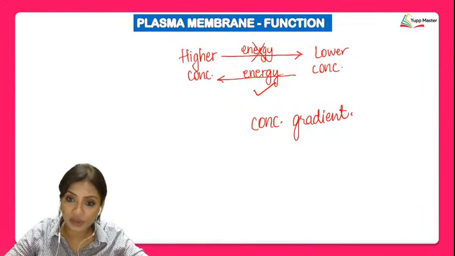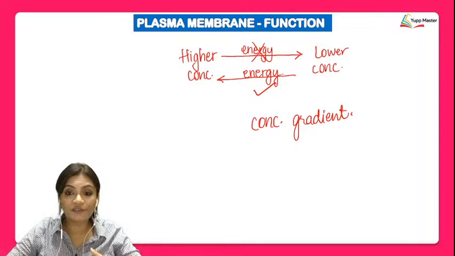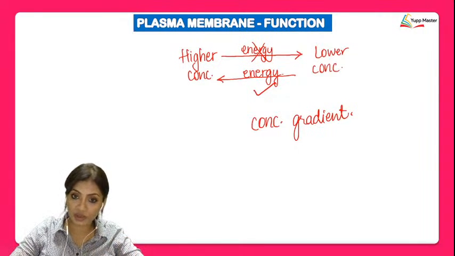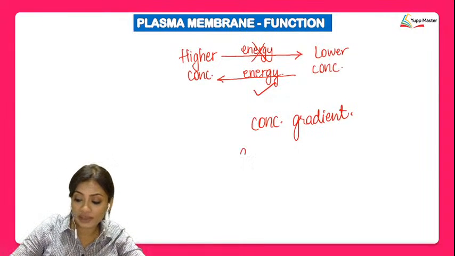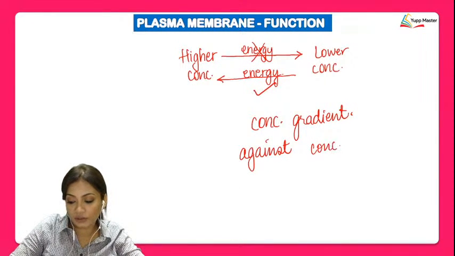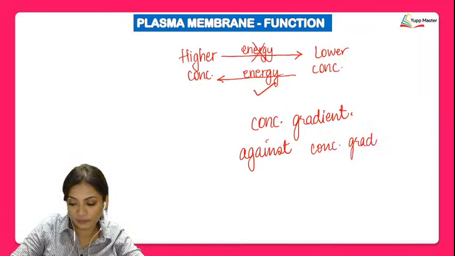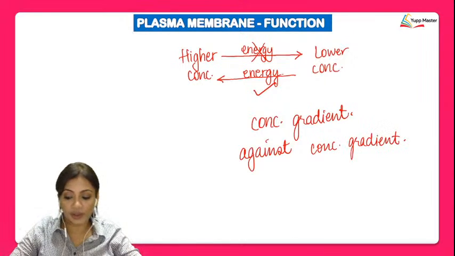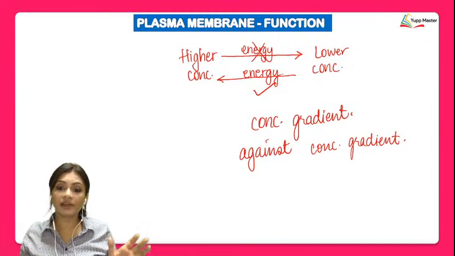But what about the opposite? If it's going from lower concentration to higher concentration, then we may call this a flow against the concentration gradient. So these were the plasma membrane functions.